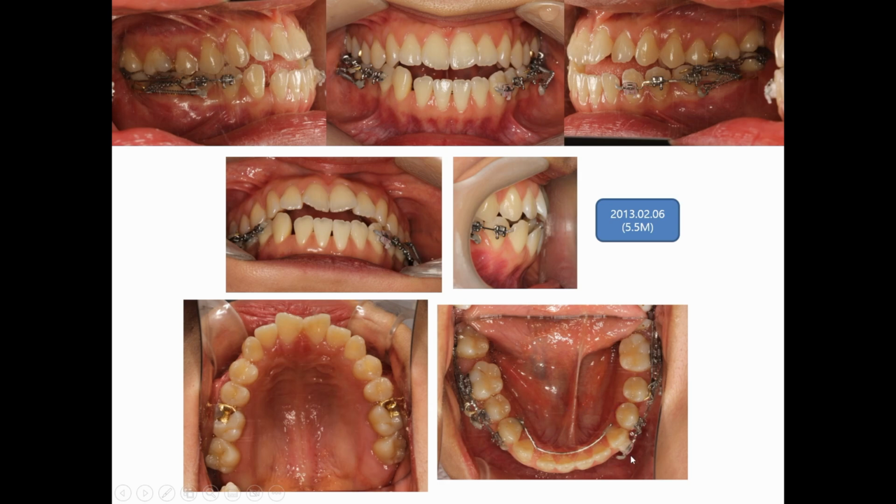So some space is here, but look at the ring arch, it is not good enough. But anyway, he made this ring arch by himself.